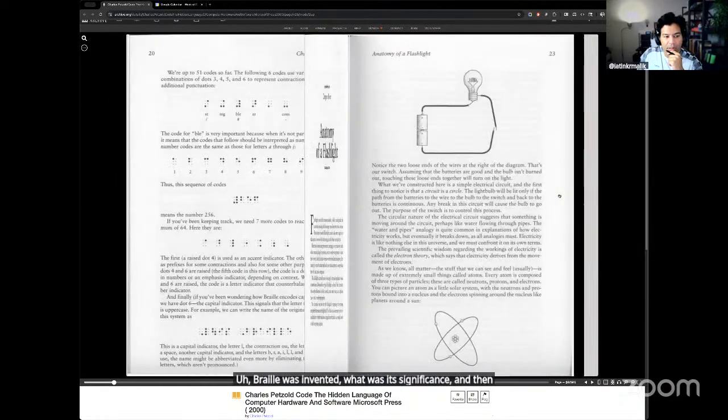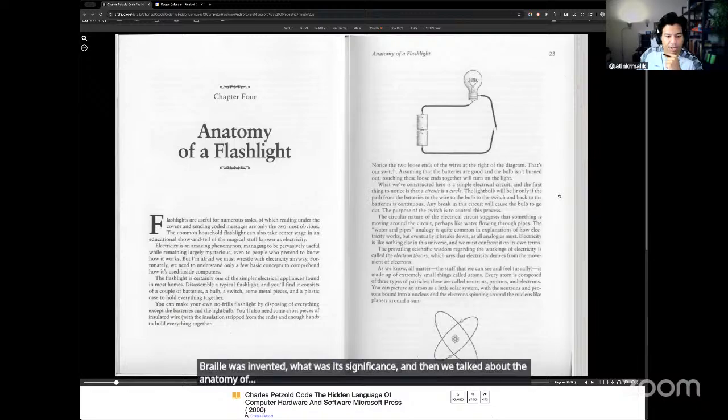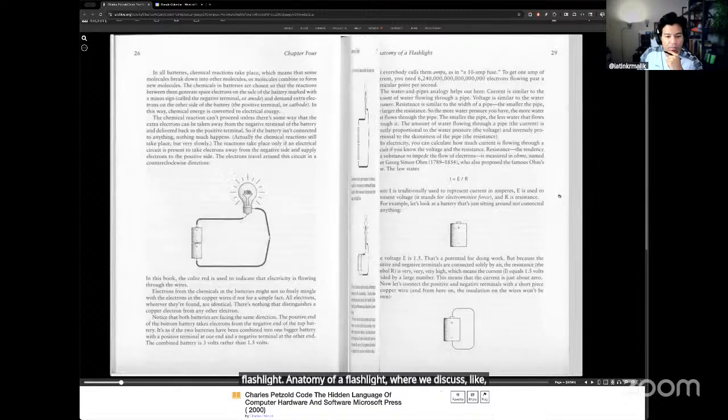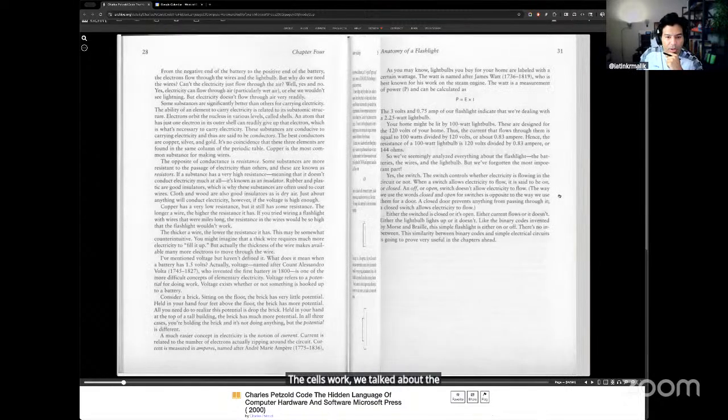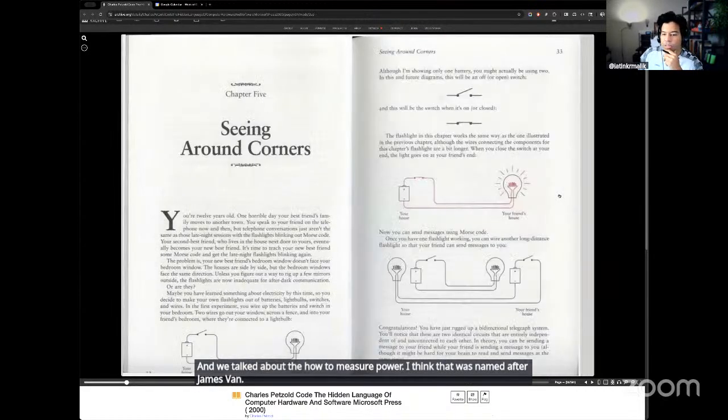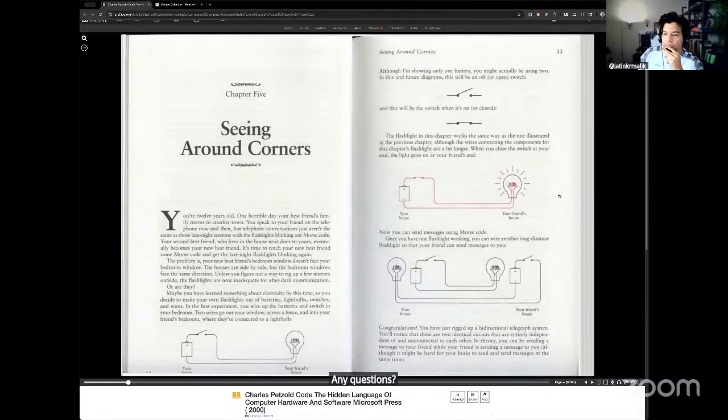Then we talked about Braille, how it was invented and what its significance was, and then the anatomy of a flashlight, where we discussed how the cells work. We talked about Ohm's law, and how to measure power, which I think was named after James Watt. Any questions? No? Okay, let's get started.